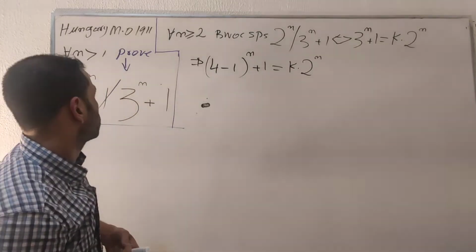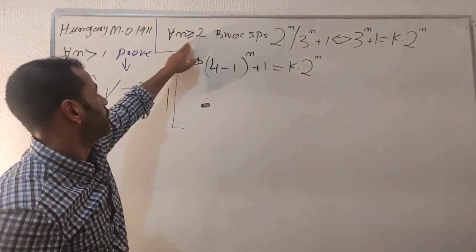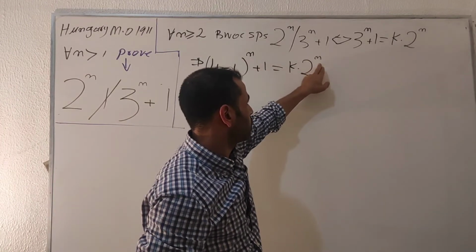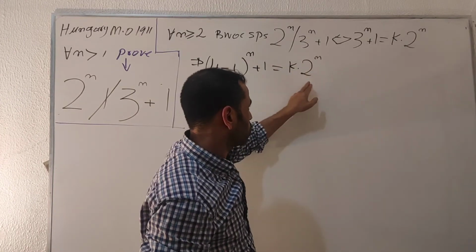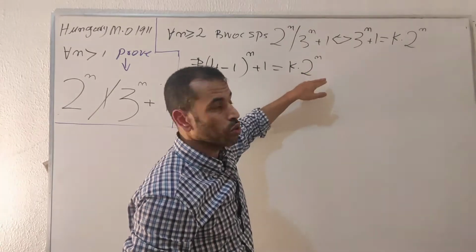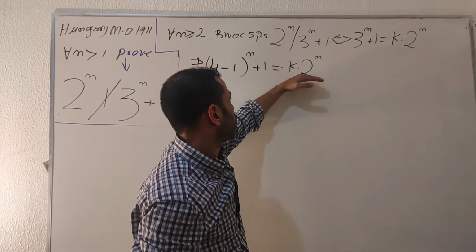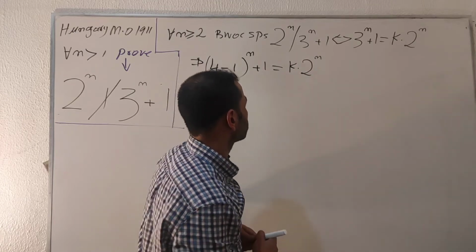Since we have assumed n is at least 2, the minimum value n can take is 2, so 2^n becomes 4. So for all n at least 2, it will be divisible by 4. Let's do that for both sides of this equation.